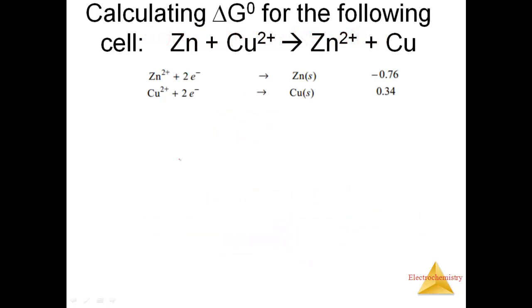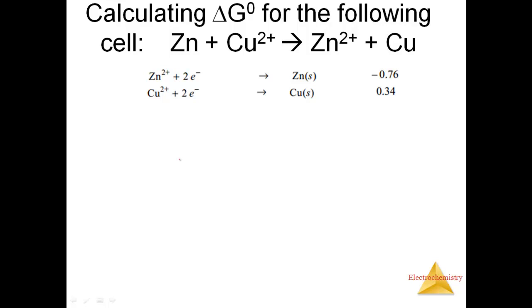So we're going to take a look at a specific reaction. Let's say we have a problem where we have to calculate the standard free energy change for the following cell. It involves zinc and copper. Let's say you're given these values. You're not given a table, which is the way I think it's going to show up in the AP exam. You've got to decide which one's going to be reduced and which will be oxidized.